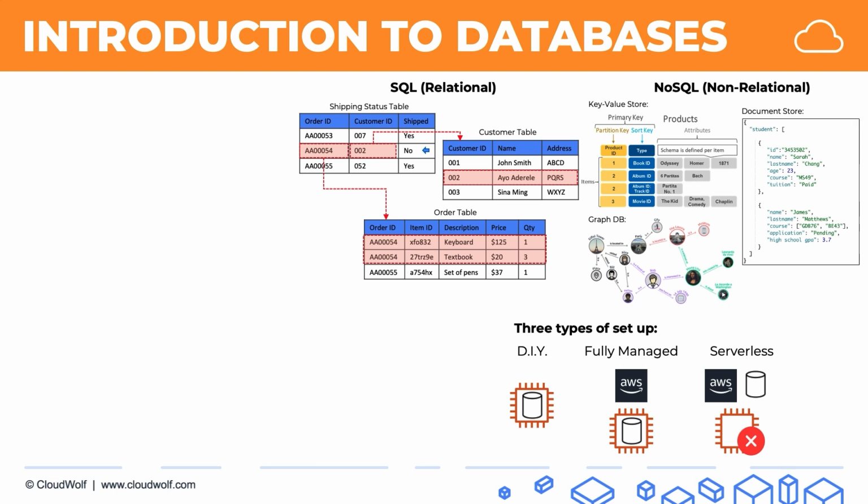A database needs to be hosted on something, but at the same time we just don't see those instances and we don't need to worry about them. AWS takes care of that fully for us. And in this section we'll be focusing on these two main types, fully managed and serverless databases.